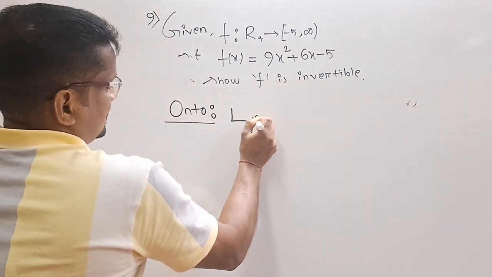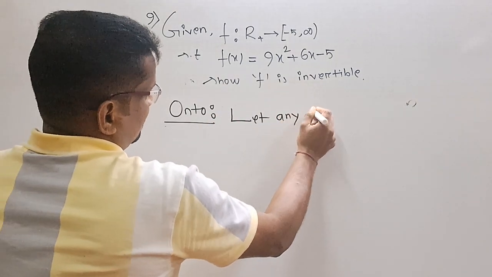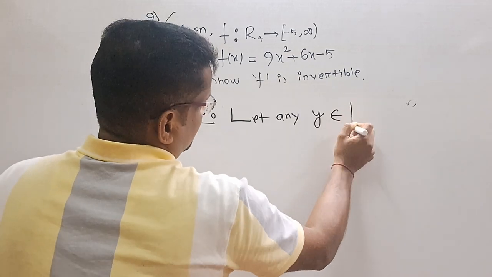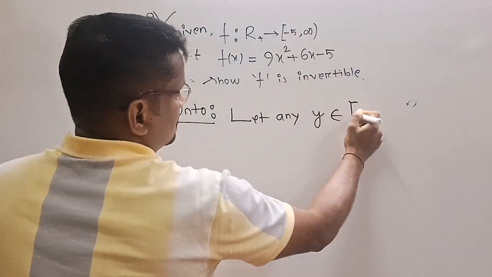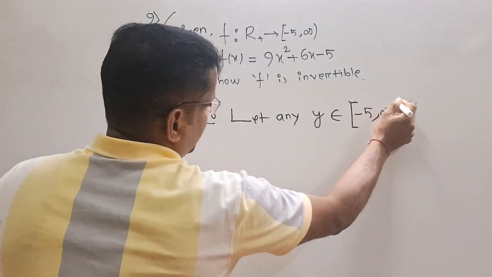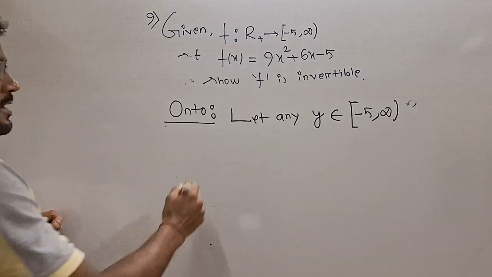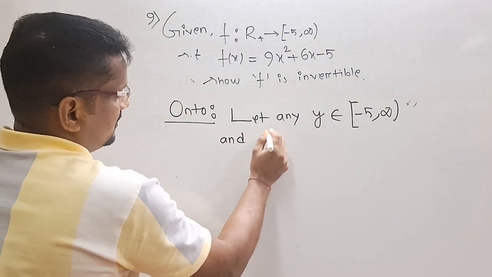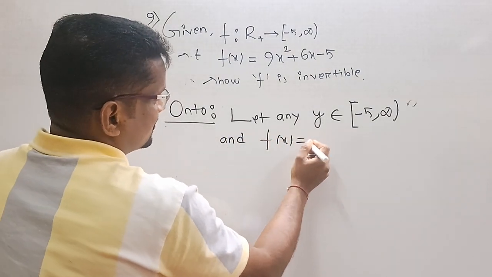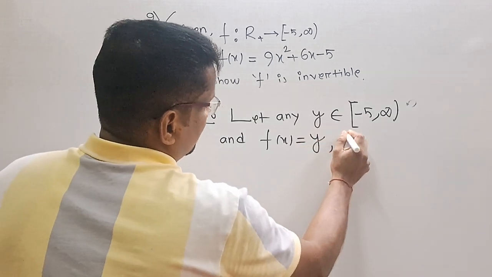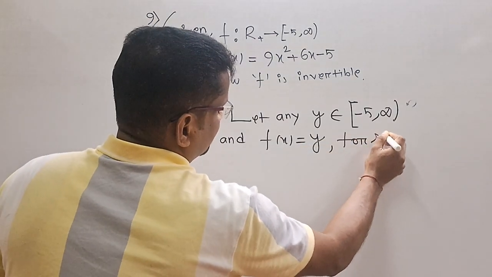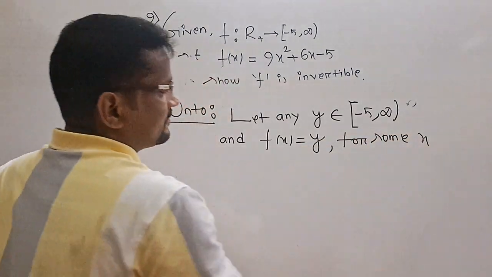Say let any y belong to the codomain. Here the codomain is the semi-closed interval [-5, infinity). And you declare f(x) equals y for some x.